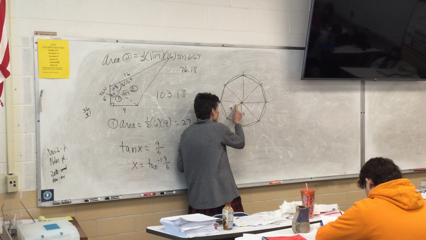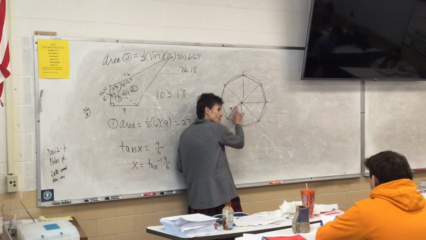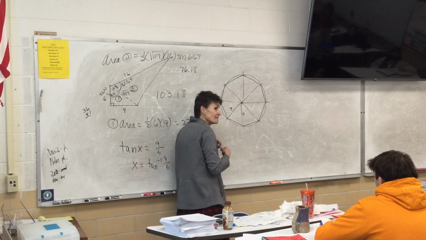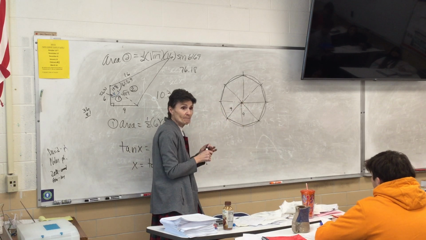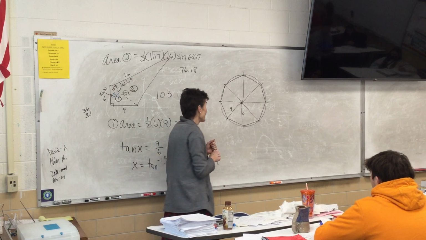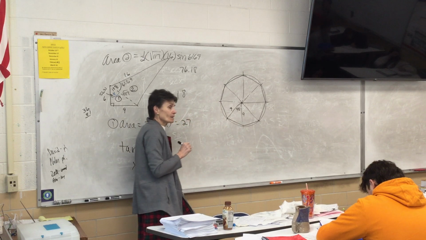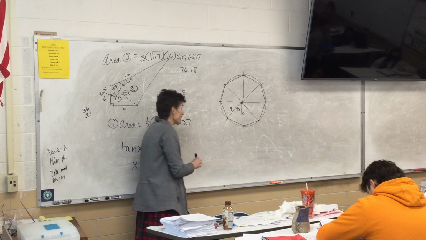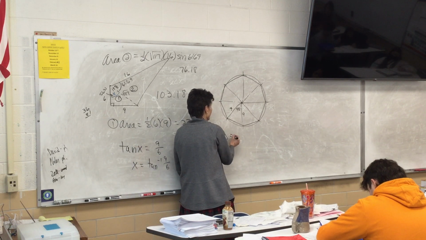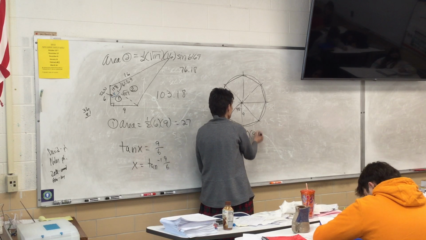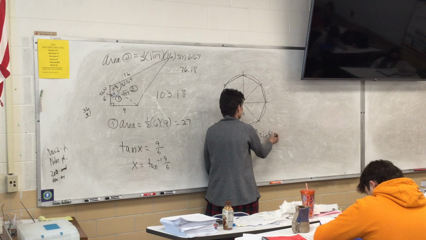Because there are 8 of them, all in a circle, which means each one has to be 360 divided by 8, which I think is 45. So the area of the triangle is 1/2 times 9 times 9 times sine 45.